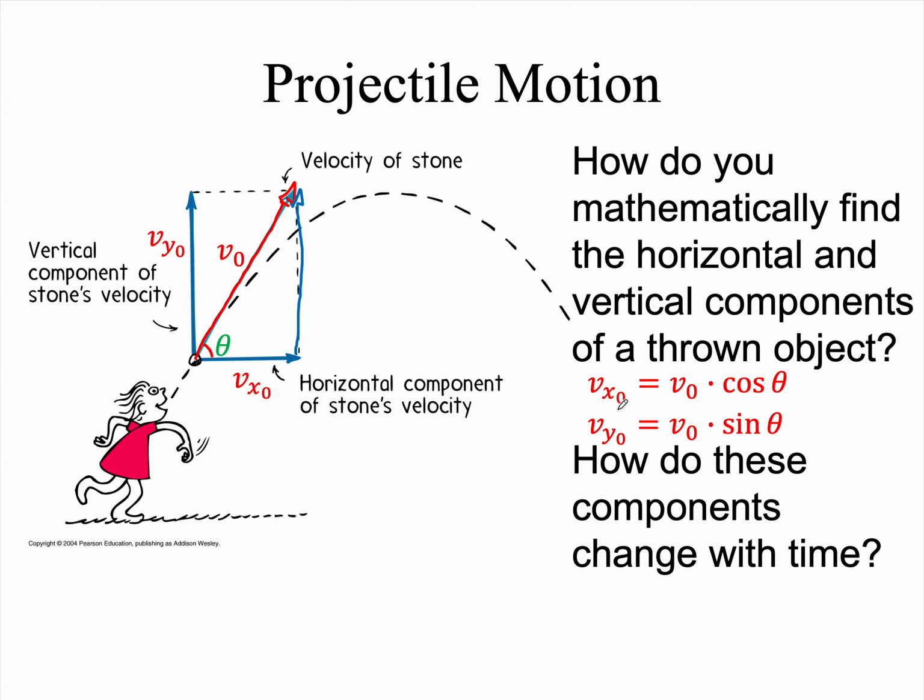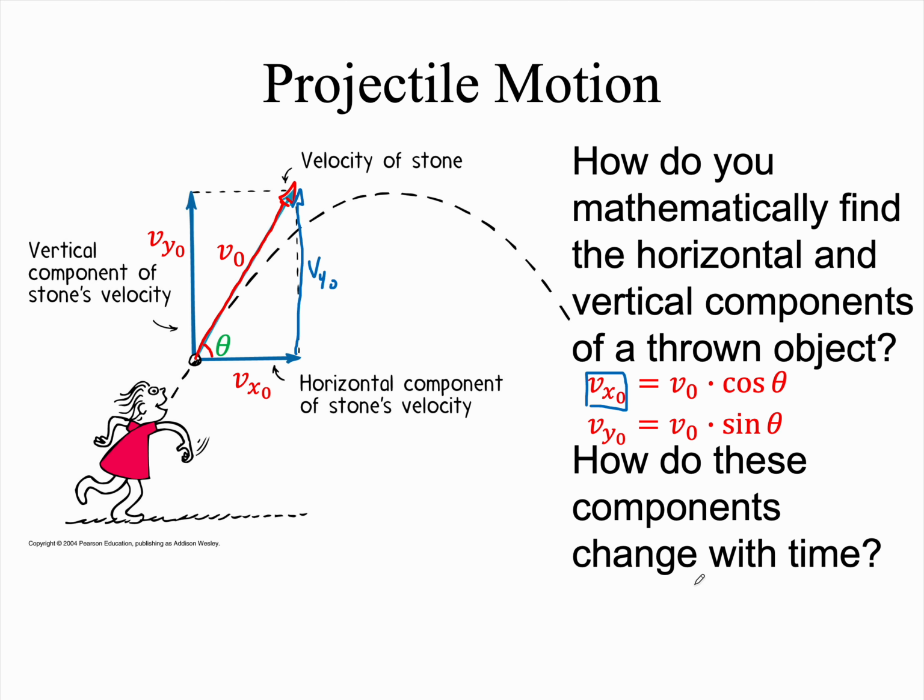Rearranging that, you can get the initial horizontal is equal to V0 times the cosine of theta. Likewise, this is V sub y initial over here or over here. You can use sine to get that one. Now, just a quick reminder, this horizontal component actually doesn't change as it flies, so I really wouldn't have to have the sub-initial on that one.